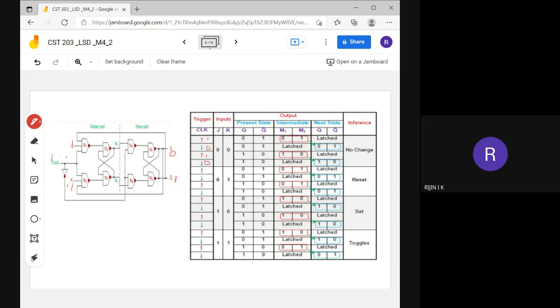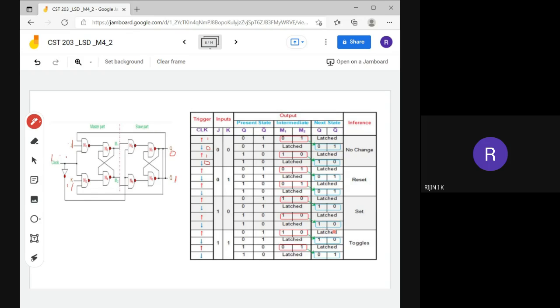So in that case, during the clock pulse high, the first part will be active. That means you will get the output here. You will get the intermediate state output, but the slave part will be latched.